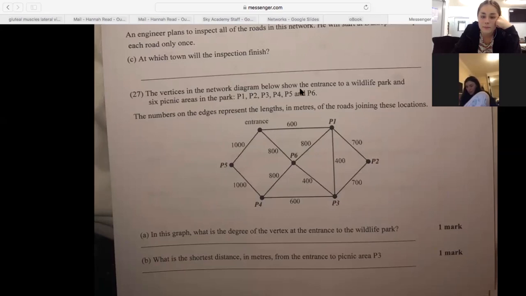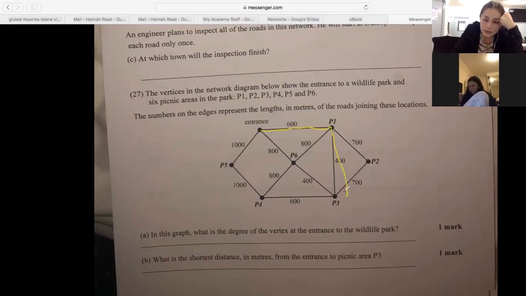What is the shortest distance in meters from the entrance to the picnic area P3? Entrance, P6, P3. 86. I mean, and what's that? 1200? Oh, I can go shorter. Really? Yeah. Oh, 600. Go to P1.